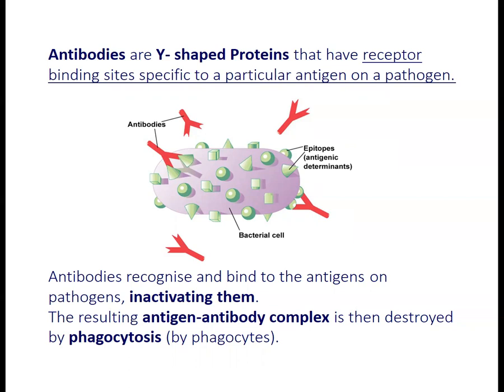So if you've got your antibodies that have deactivated this pathogen, holding it in one place, well, along comes a phagocyte, which we learnt about in the last lesson, and they carry out that process of phagocytosis. They engulf and digest the pathogen, and it's destroyed. So they work together.